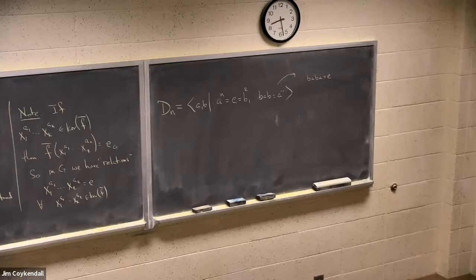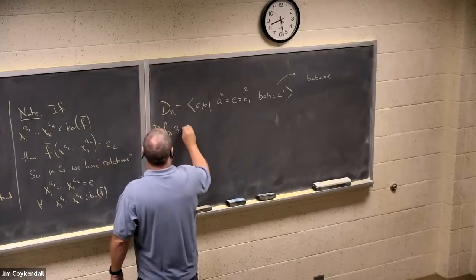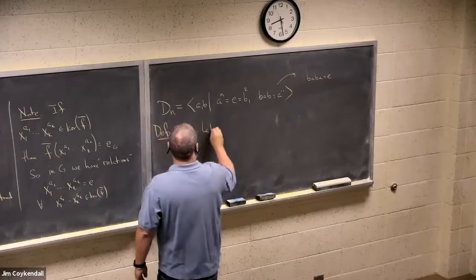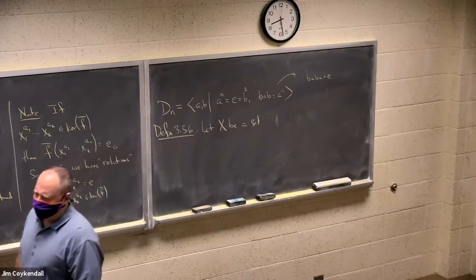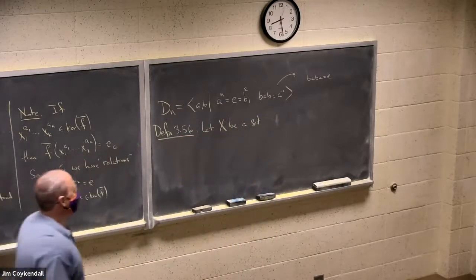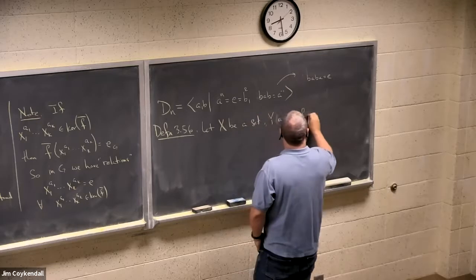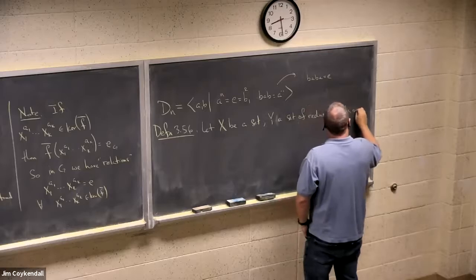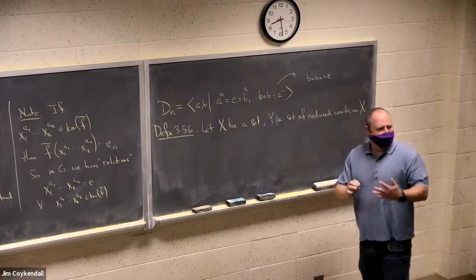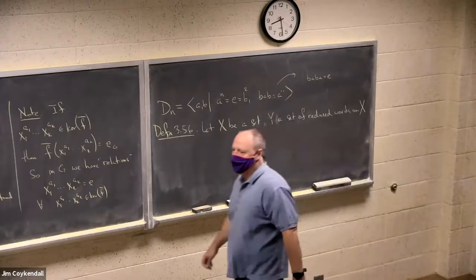So let me give you a slightly more rigorous definition. Let X be a set. And we'll call Y a set of reduced words on X. That means I cancel out inverses if they're next to each other. And instead of a times a times a, I'll write a cubed. So it's just reduced that way.